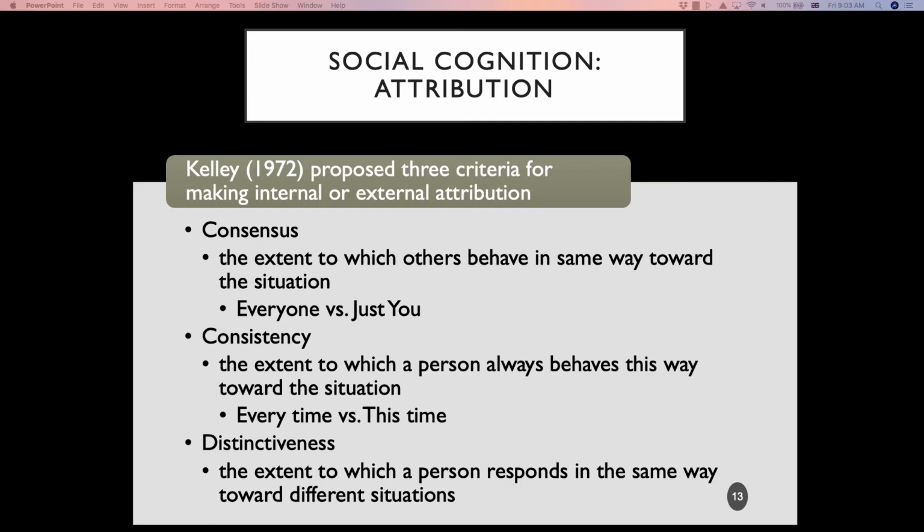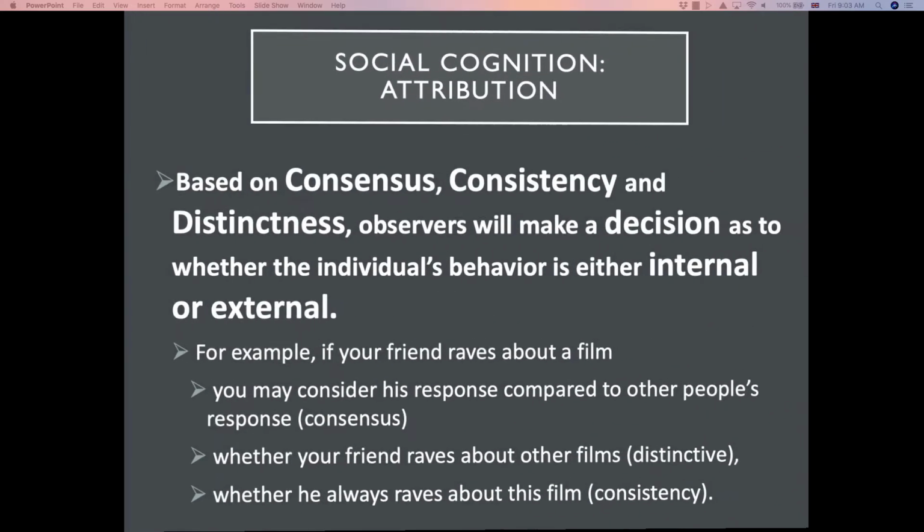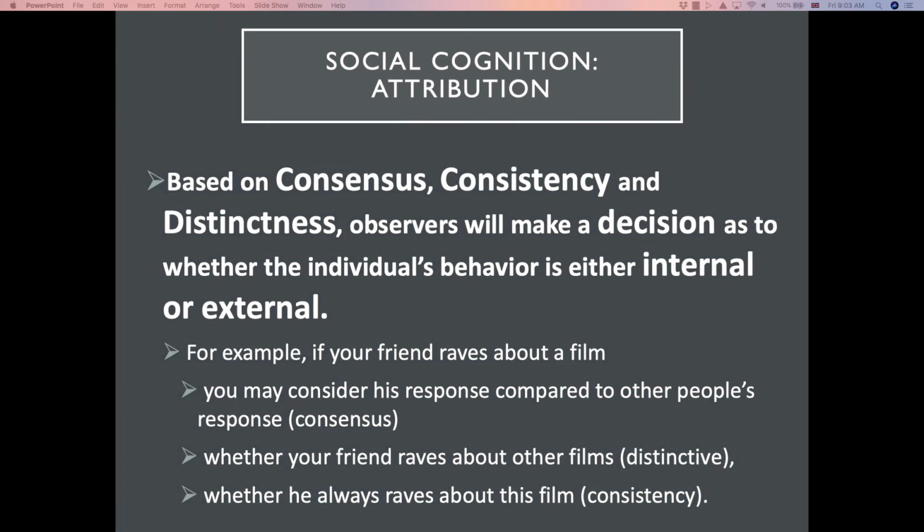And the way in which you can attribute behaviour, either internally or externally, will depend on the level of consensus, consistency, and distinctiveness. So if your friend raves about films, you may consider his response compared to others. What's the general consensus? Did everybody like the film, or was it just him?